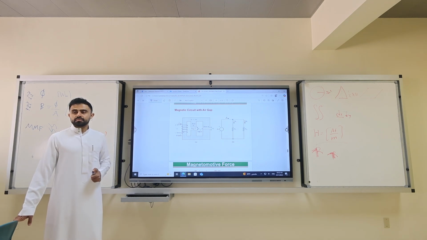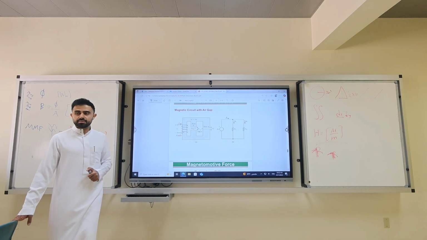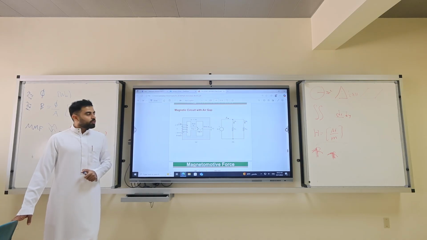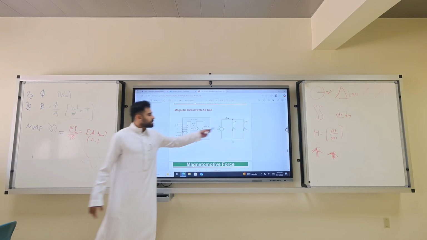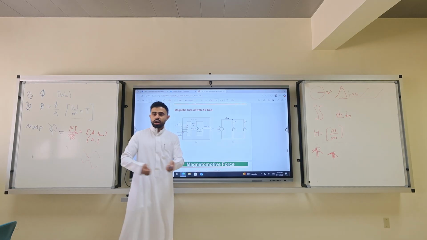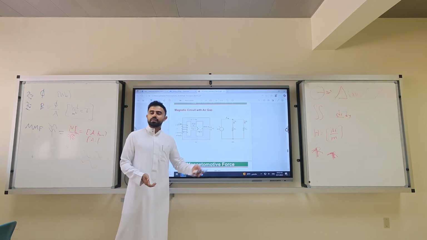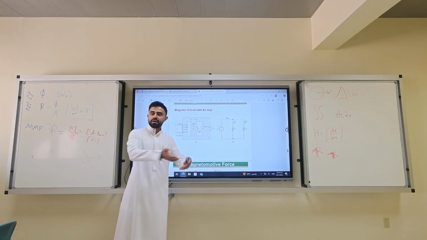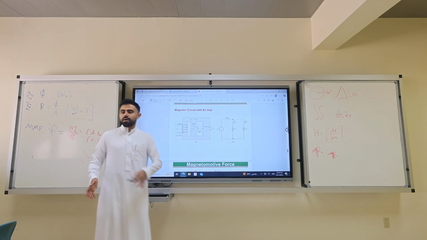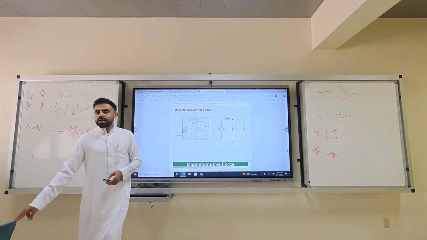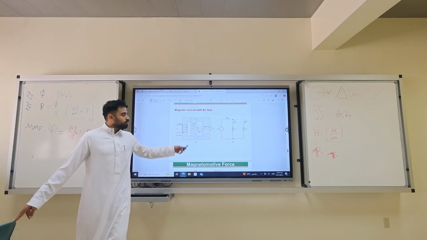There are many reasons. One of the reasons is if you change the reluctance, you can change the flux. So you can control how much the flux. If you control the flux, you can have, for example, an electric motor with certain speeds at certain values of I. You can have any design you want.